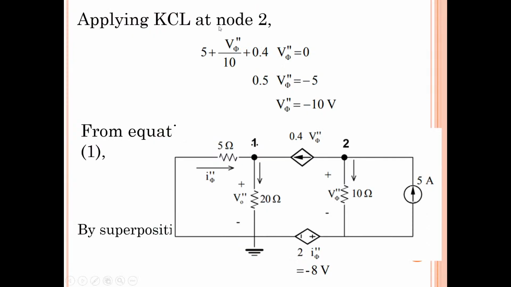Here you can see at node 2 how many branches there are: this is one branch, this is one branch, this is one branch.